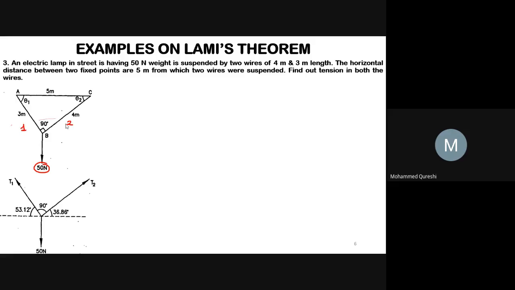The horizontal distance between the two fixed points is 5 meter, means the horizontal distance between point A and point C is 5 meter. From A one wire is suspended, and from C the other wire is suspended. We have to calculate the tension in both the wires.